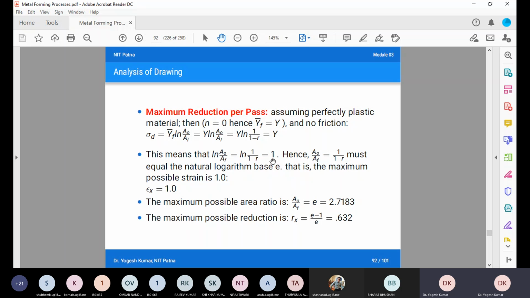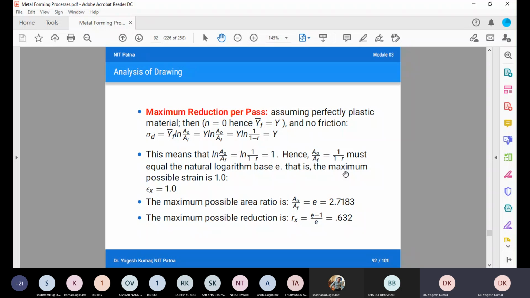We already know the value of e is equal to 2.7183. So this is the maximum value. The maximum possible area ratio A0 upon Af is equal to e. We have calculated from here A0 upon Af equal to e, or 1 upon 1 minus r equal to e, and from mathematics we know e equals 2.7183.